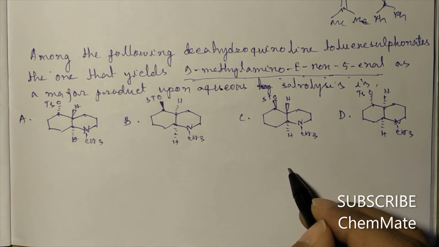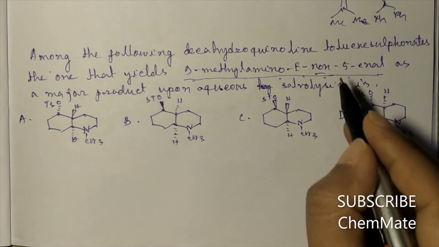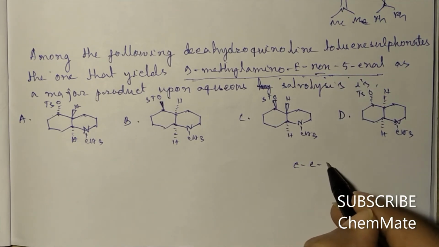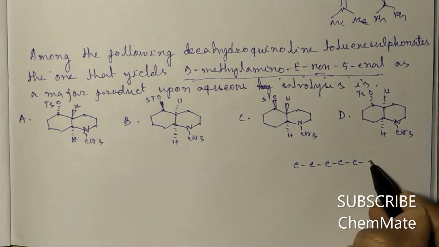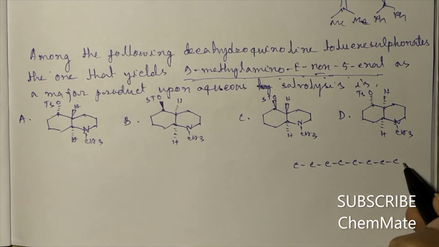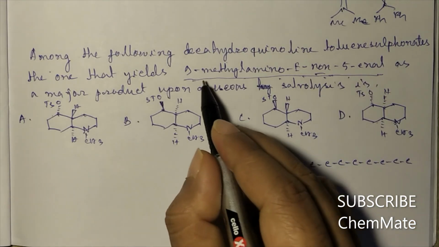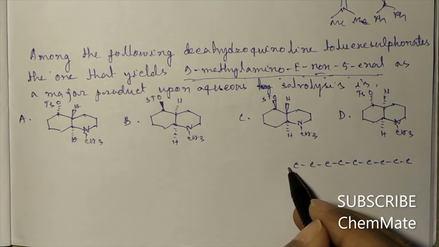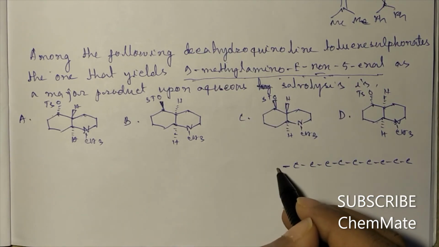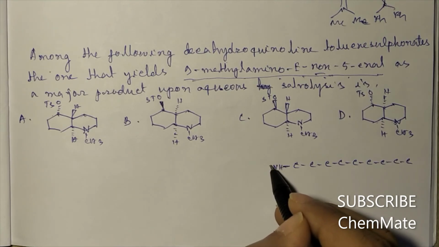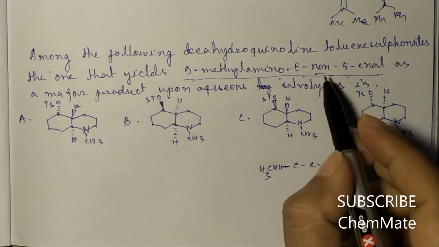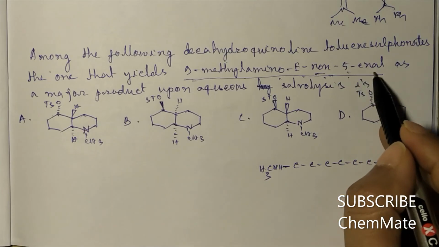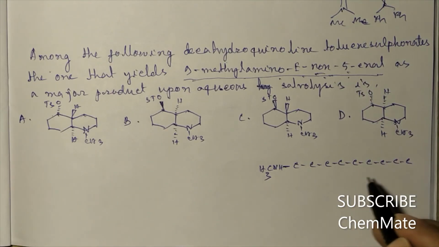So 9 carbons will be there, 1 2 3 4 5 6 7 8 9, methylamino. So one methylamino group will be there with this carbon, NHCH3, non-5-enal, 1 2 3 4 5.